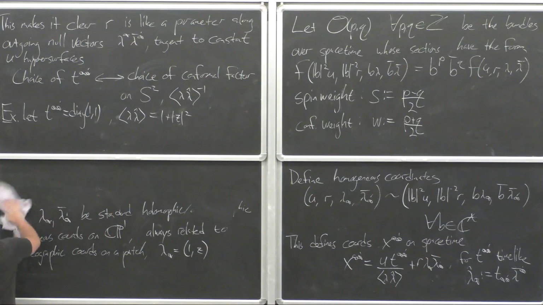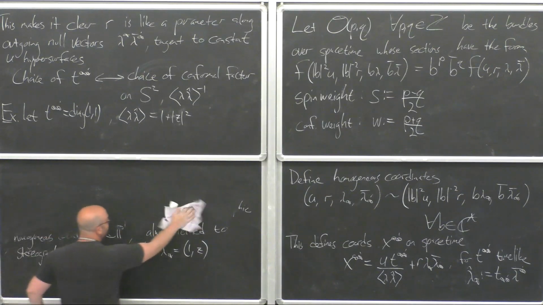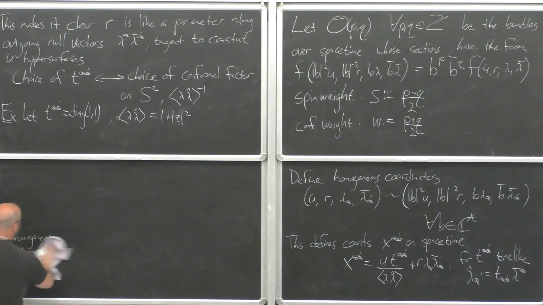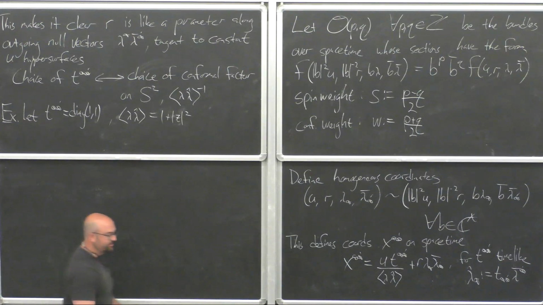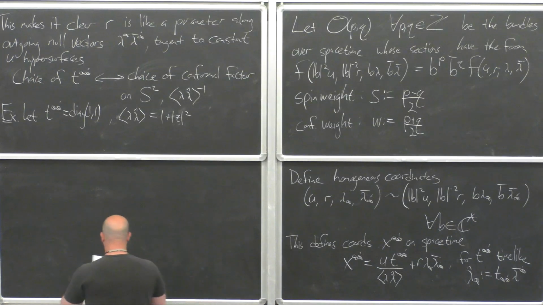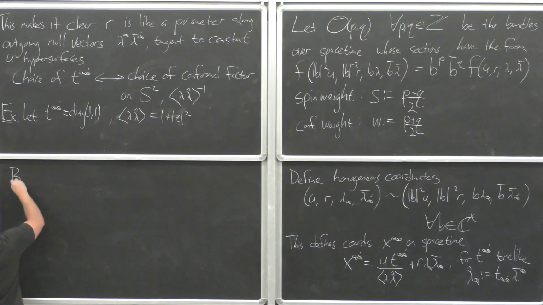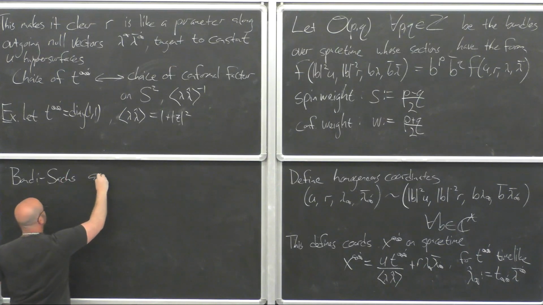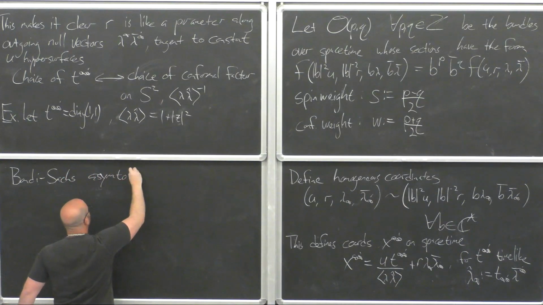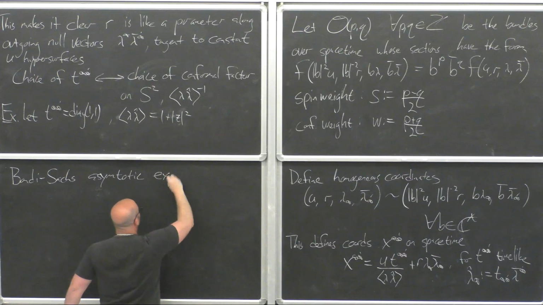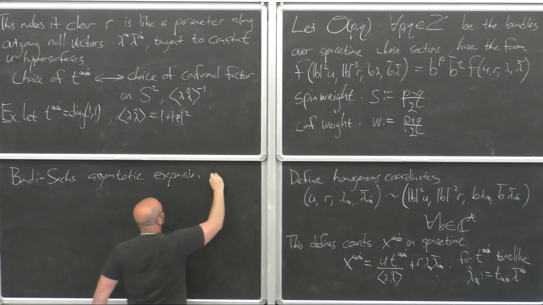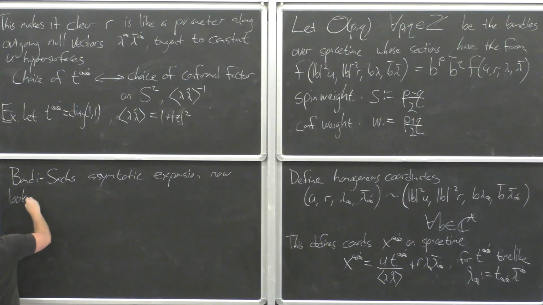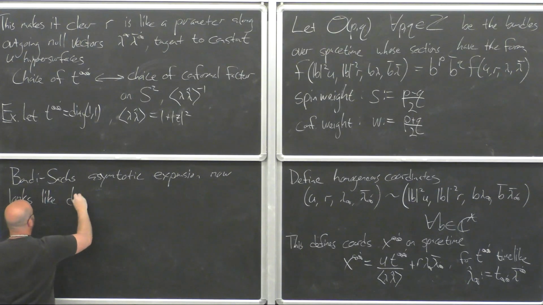Okay, so what does the Bondi-Sachs expansion of an asymptotically flat metric actually look like in these homogeneous coordinates? So this now looks like, we're going to write a line element.